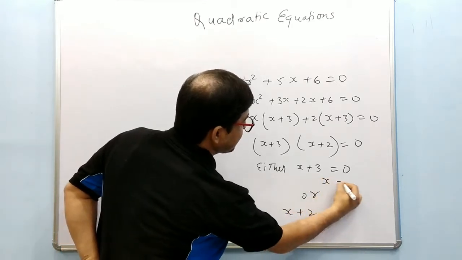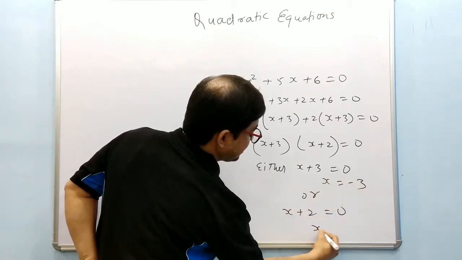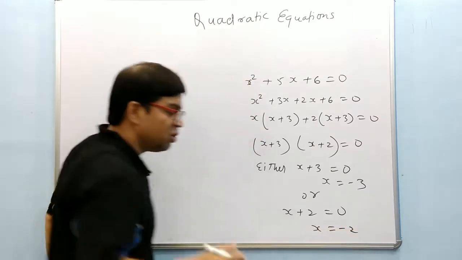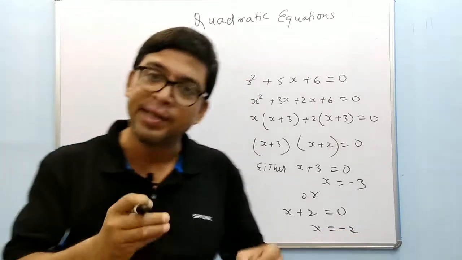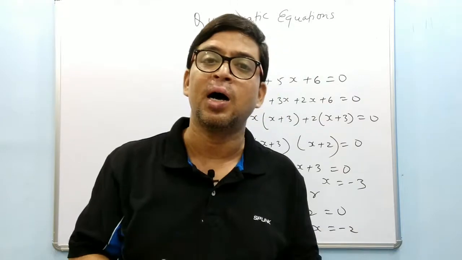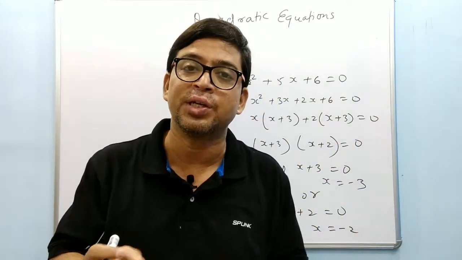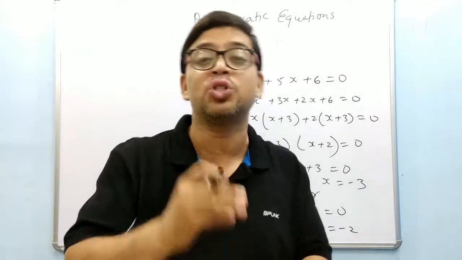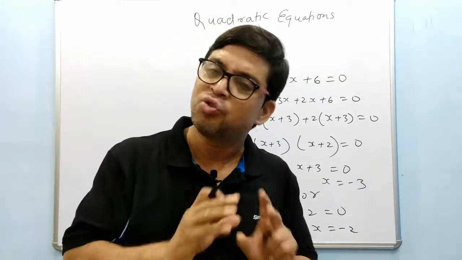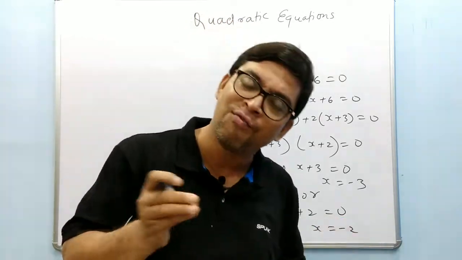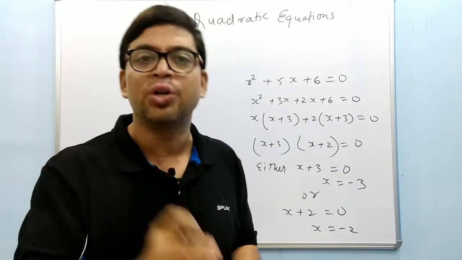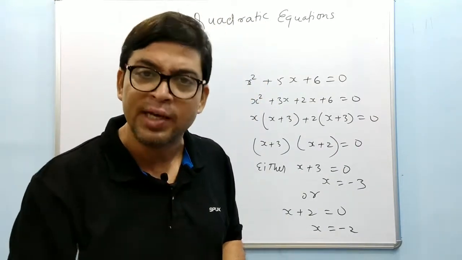Here x is coming out to be minus 3 and x is coming out to be minus 2. So minus 3 and minus 2 are the roots of the given quadratic equation, also the zeros of the quadratic equation. So by this method we can find the solution of a quadratic equation very easily.